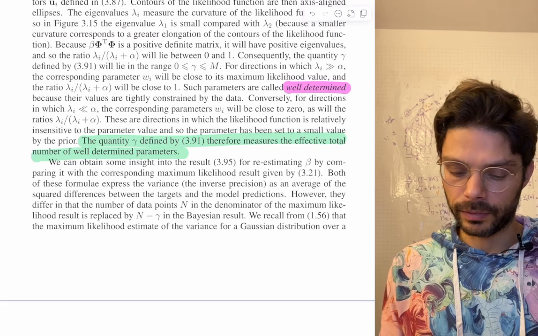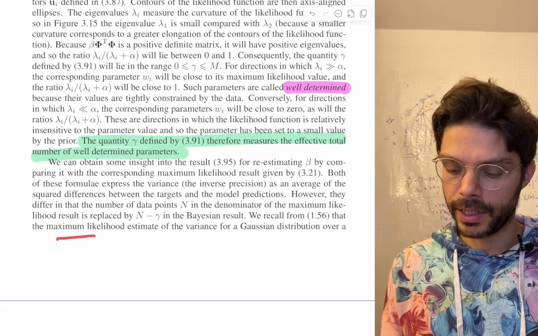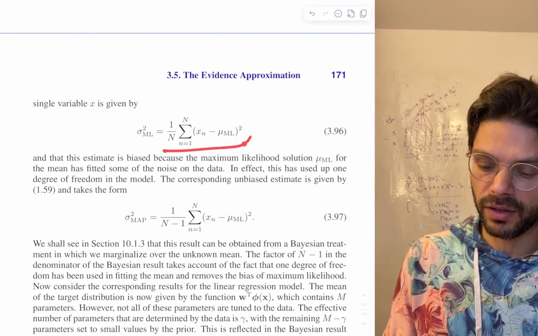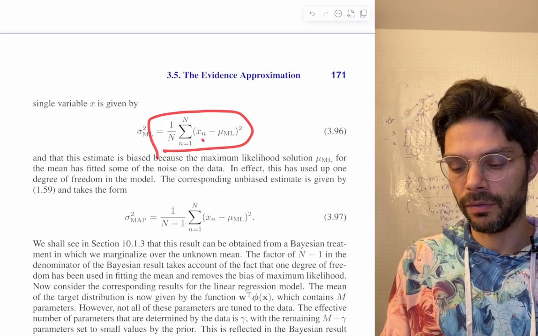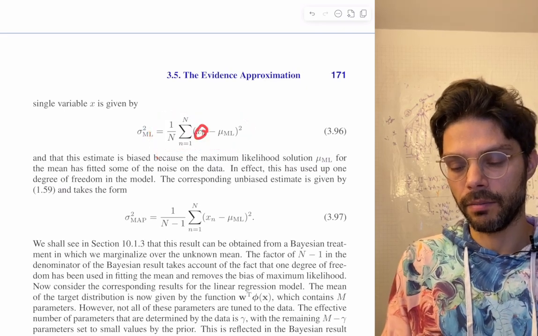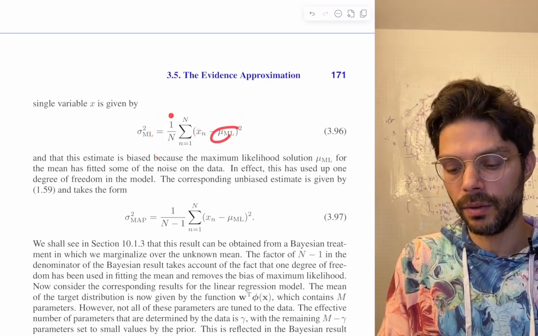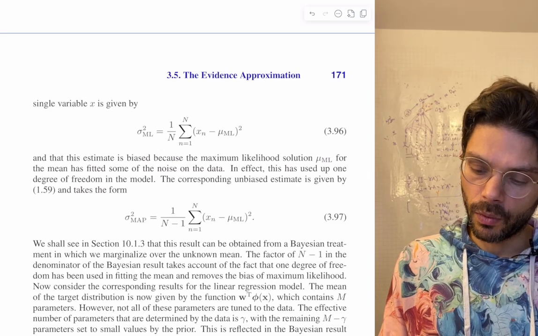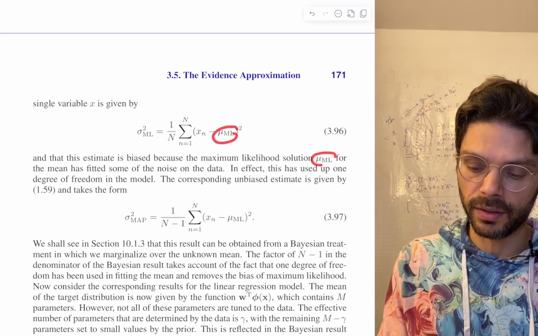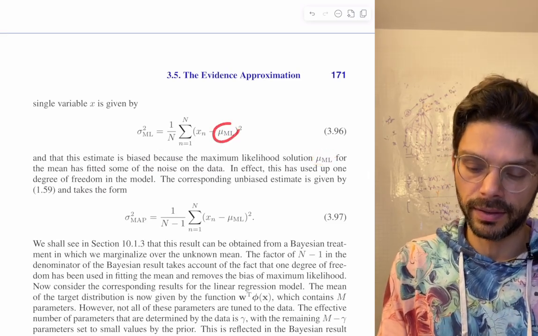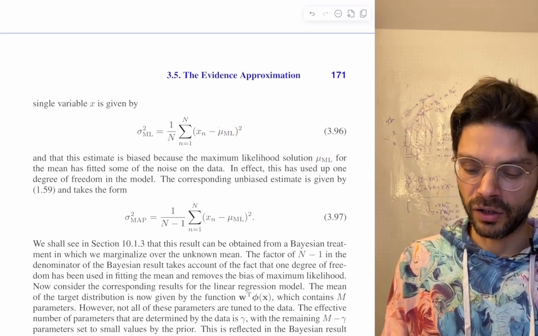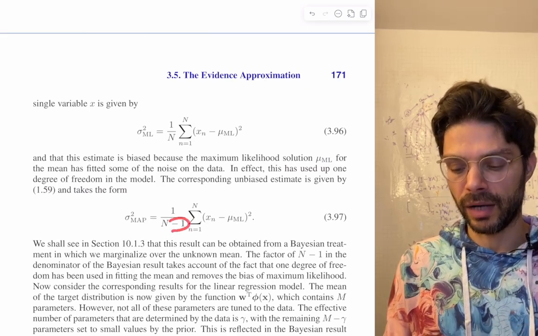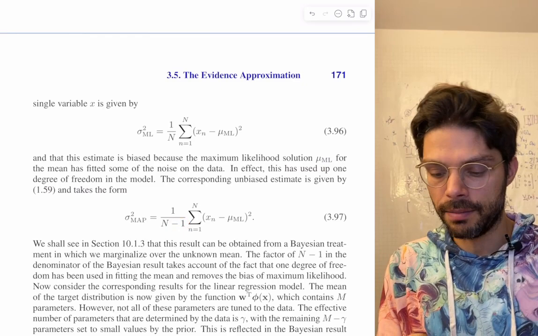Recall that the maximum likelihood estimate of the variance for a Gaussian distribution over a single variable is this, again finding the deviation around the mean value and dividing by 1 over N. But its estimate is biased because we've used the data itself to estimate mu, and to accommodate that, we end up adjusting this N to N minus 1.